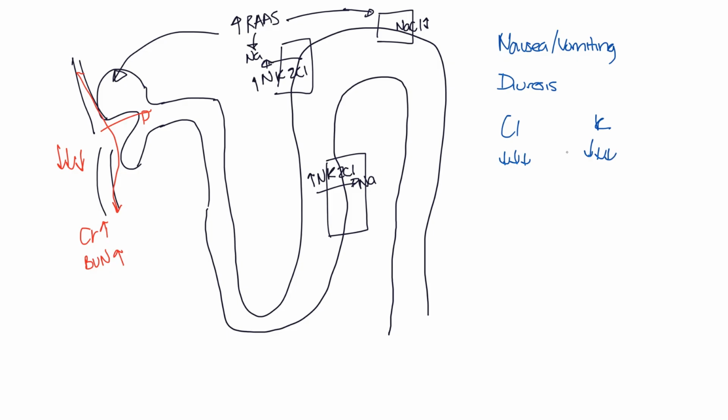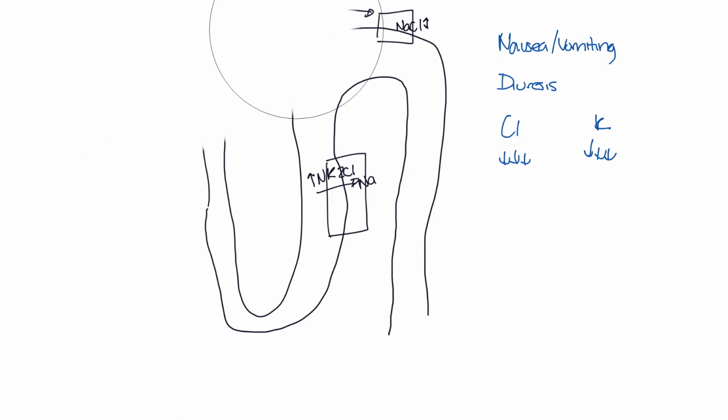And it turns out potassium regulates and maintains metabolic alkalosis. Why is that? Let's redraw this renal tubule one more time and talk about why potassium maintains metabolic alkalosis.